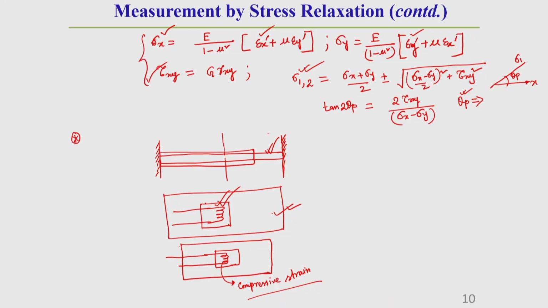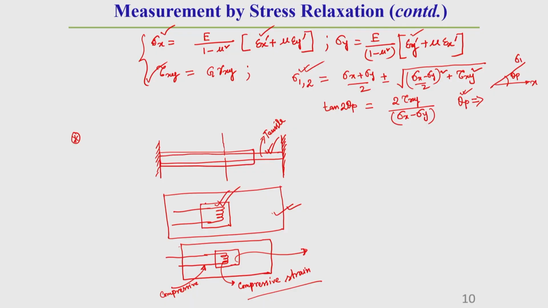So, keep this in mind when you go for relating the strain gauge reading to the actual residual stress. The residual stress is tensile in nature, but once we cut or release, the strain gauge measures compressive strain. To find the actual stress, you have to apply the opposite sign.